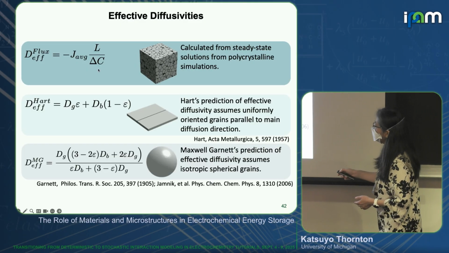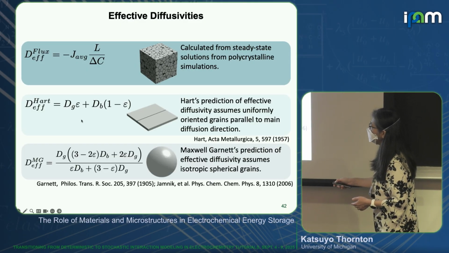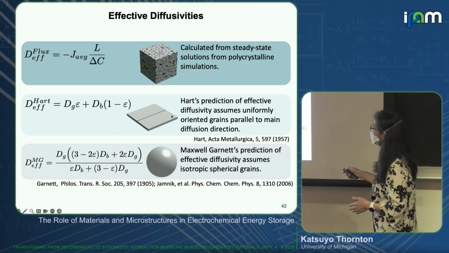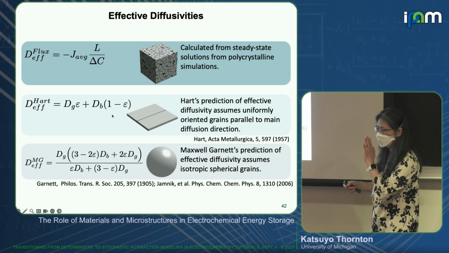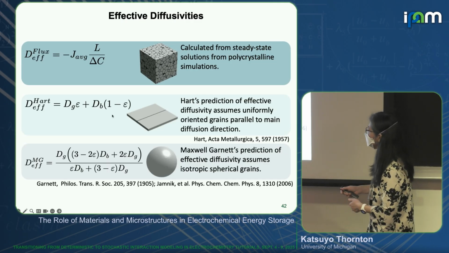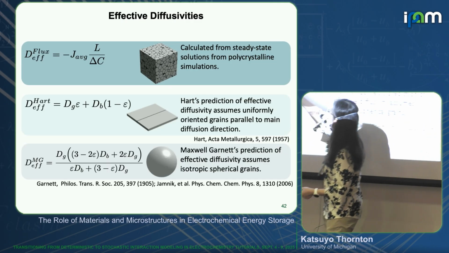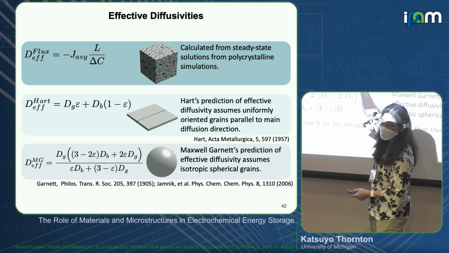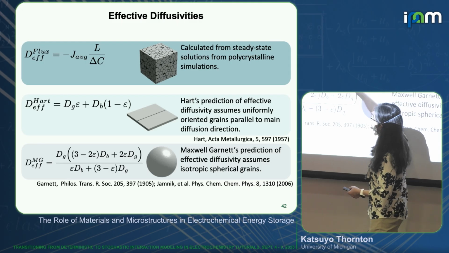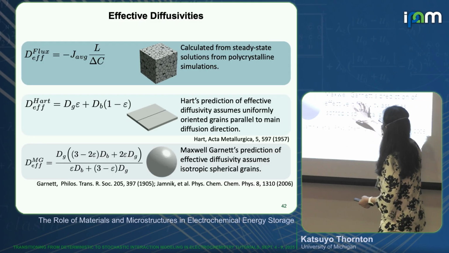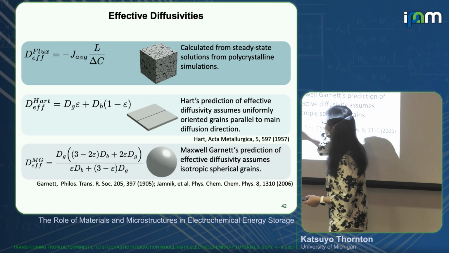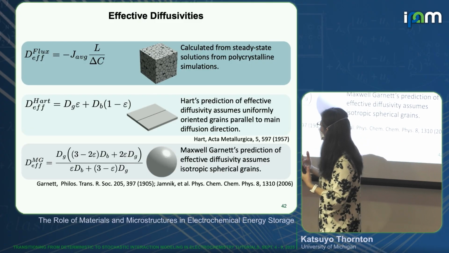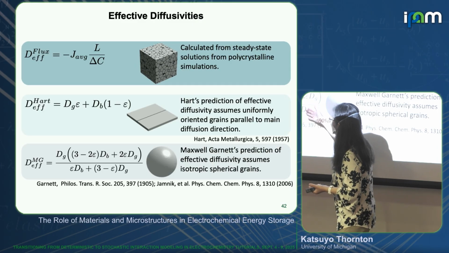Then the one major approximation that's been developed is by Hart, and that is parallel to the diffusion direction. So the grain boundary is flat and going this way, and then you have the diffusion going this way. Another one is the Maxwell-Garnett, where you assume everything is spherical, and you get this expression.